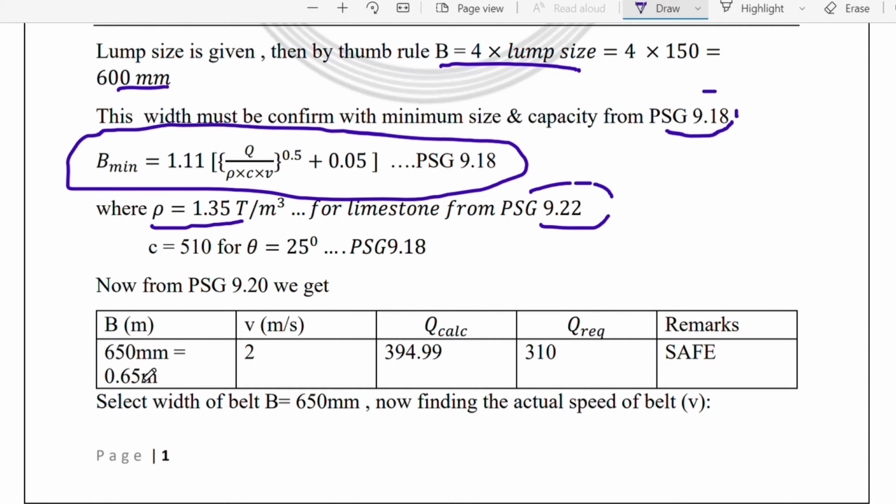It is in mm, so we have to convert to meter, which will be 0.65. The velocity is given there itself: as you take this 650, the speed value given is 2, and Q calculated.